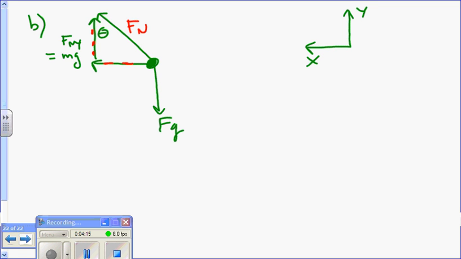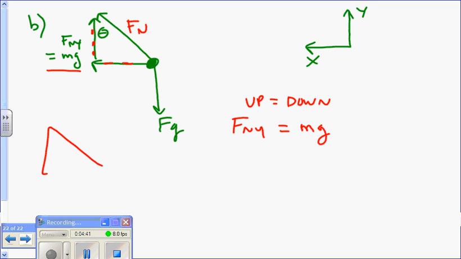To find what normal force is, or to develop that relationship of mg over cos theta, we would say that up equals down. So Fny must be equal to mg. That's where I came up with this. And so therefore, looking at the triangle this way, I've got mg here, and I've got theta here, and Fn here.